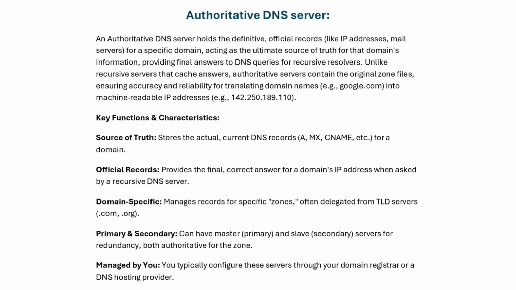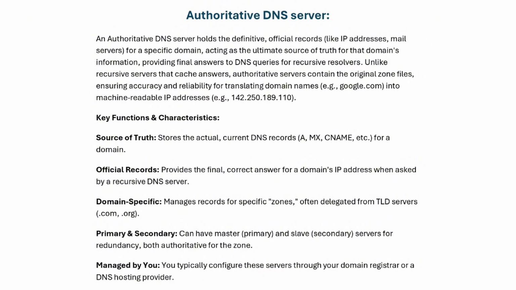The TLD, root, and caches don't have the exact information, and they are not the ultimate truth for DNS resolution. So the query has to get to the authoritative DNS server, for example Google's name servers, so they can provide the exact information, that is IP addresses and mail servers for a specific domain.